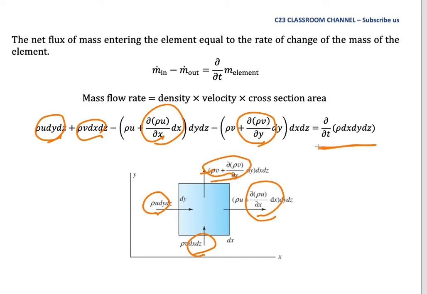And then this is the dm/dt, the change of mass over time. So how do we calculate mass?